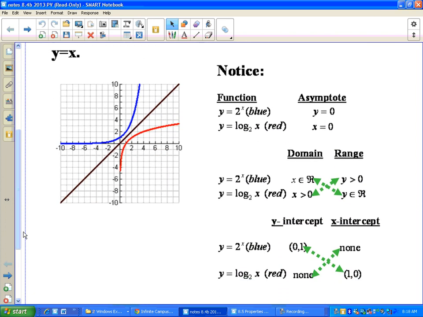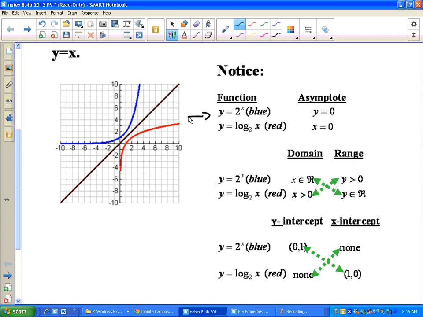If I graph the line y equals x, the exponential and the log are reflections across this line. Look at the difference between the blue line and the red line. The blue line is y equals 2 to the x.